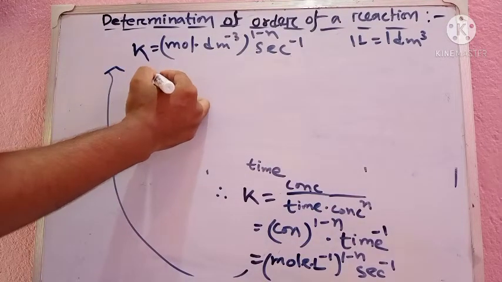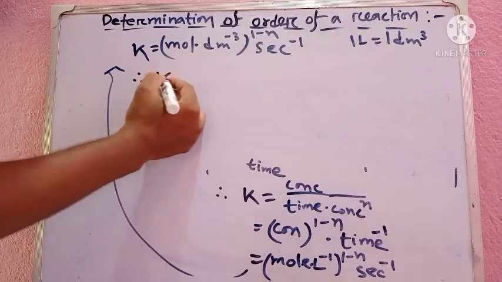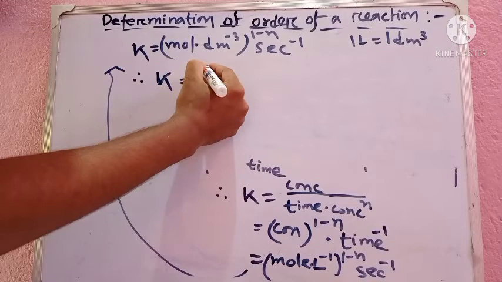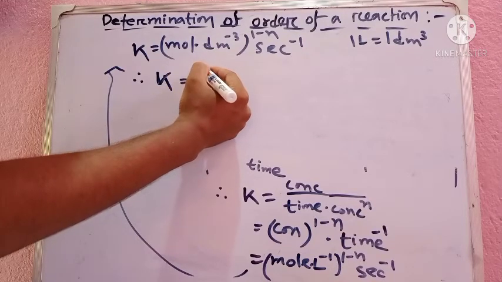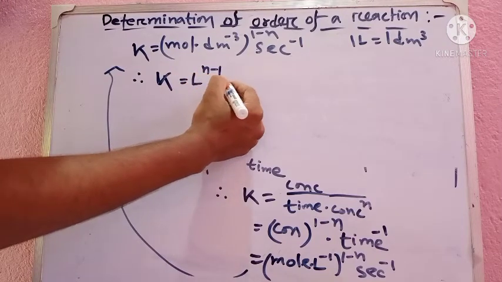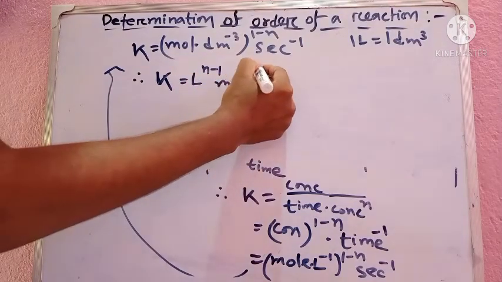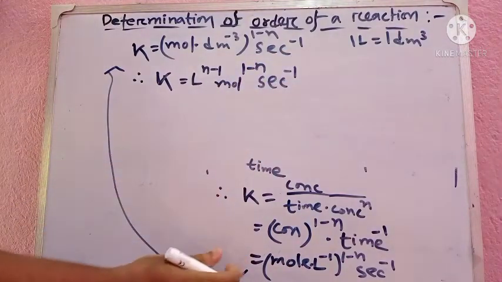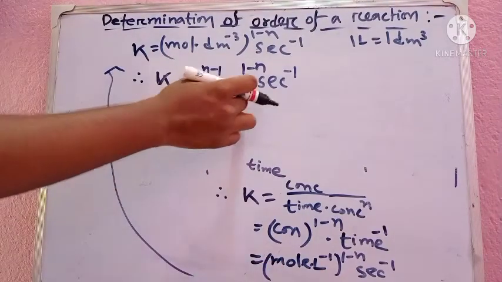Now k equals liter to the power n minus 1 into mole to the power 1 minus n into second inverse.